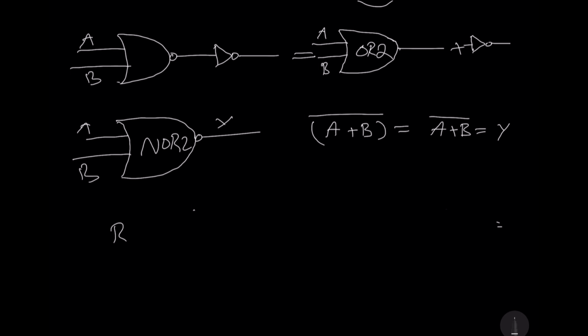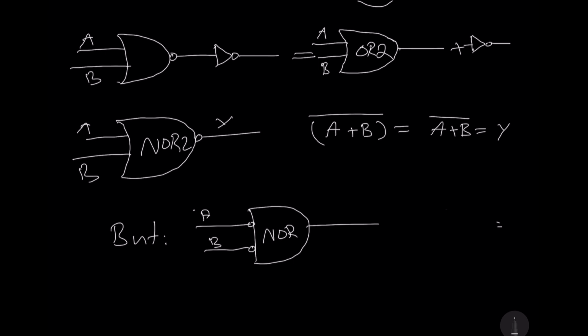But if we have this kind of NOR gate, which has inverted bubbles inside at the inputs A, B, this is a NOR 2 gate, this is NOR 2 also. But we can't write this one with that representation.